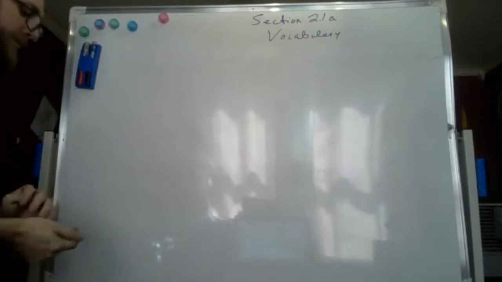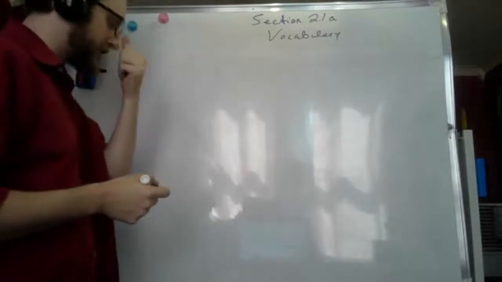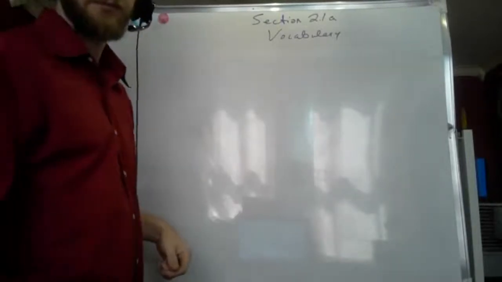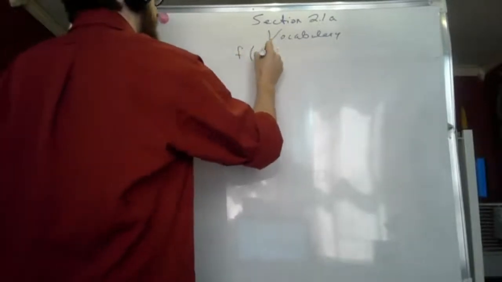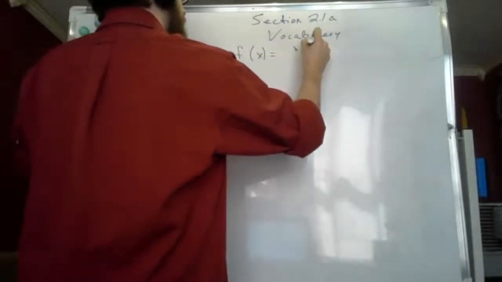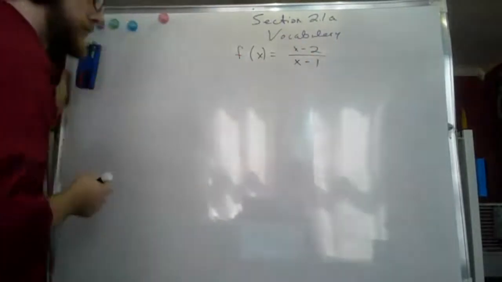So it's a little bit messier to work with, but it's a good example to be aware of as you encounter some of these examples. So let's suppose f of x is equal to x minus 2 divided by x minus 1.